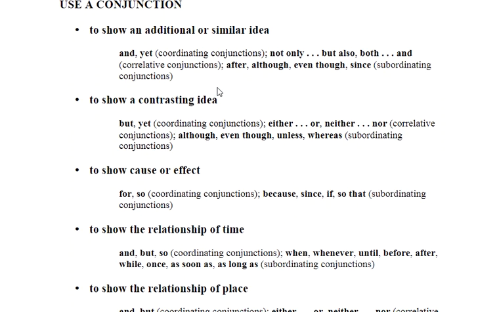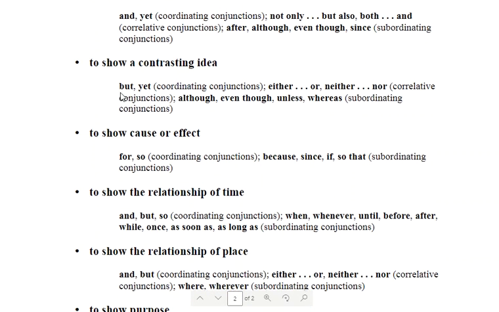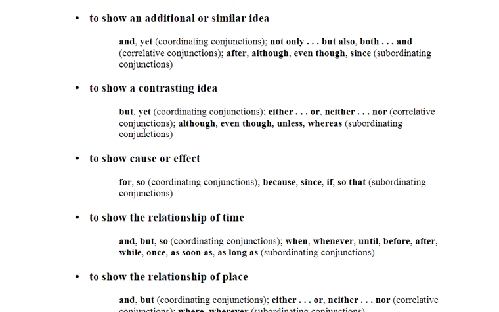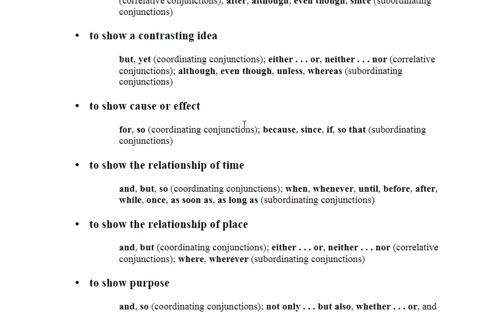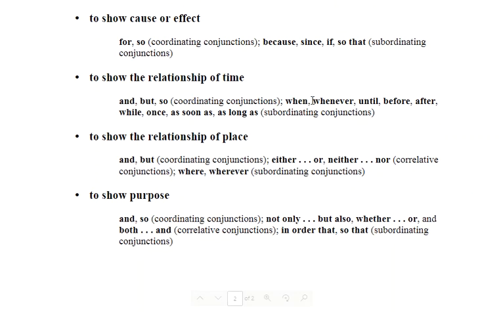To show contrast, opposition, we use but, also yet as well, either or, neither nor, although, even though, unless, whereas. So sometimes the same conjunction can serve in many different ways. To show cause and effect: for, so, because, since, if, so that, and so on. To show the relationship of time: and, but, so, when, whenever, until, before, after, while, once, as soon as, as long as.